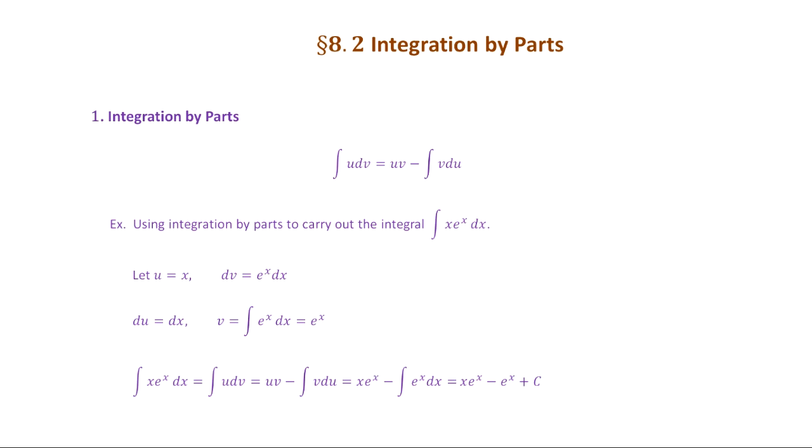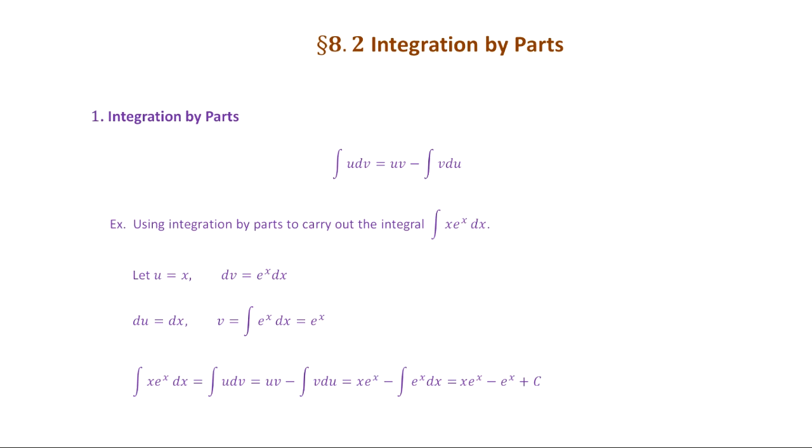It turns out in this problem, you can define u to be x and dv to be e to the x dx. Remember, that's the whole point of the differential, so you have to include everything, including dx. And then you need to take the differential of u, because u is just x, so du is just dx.